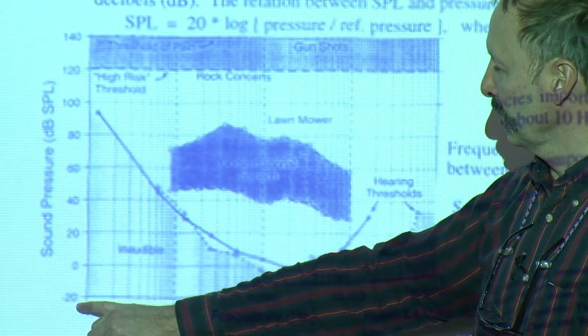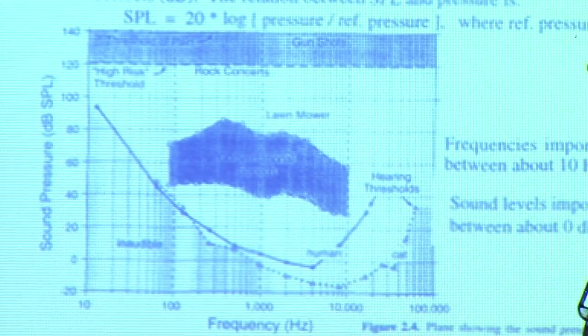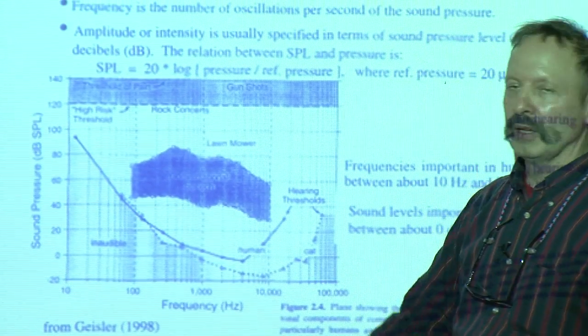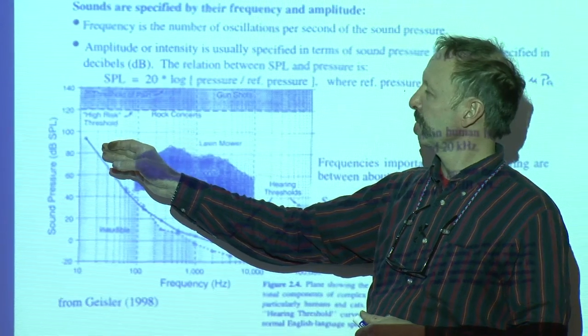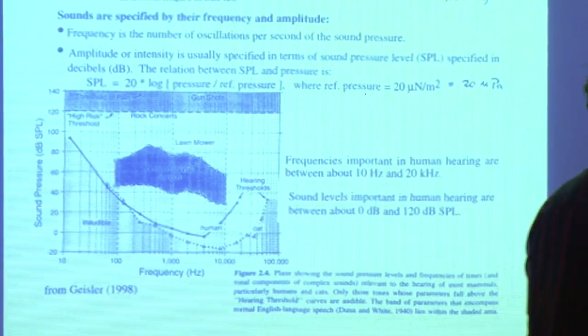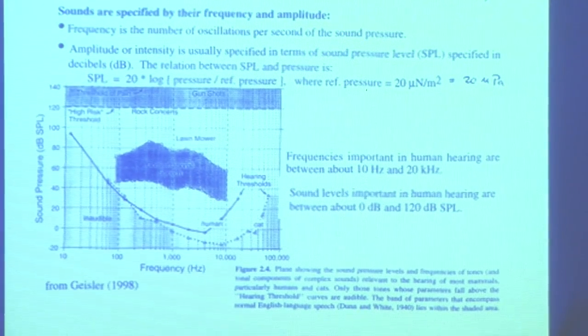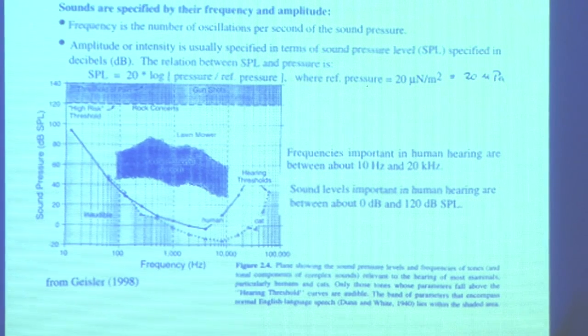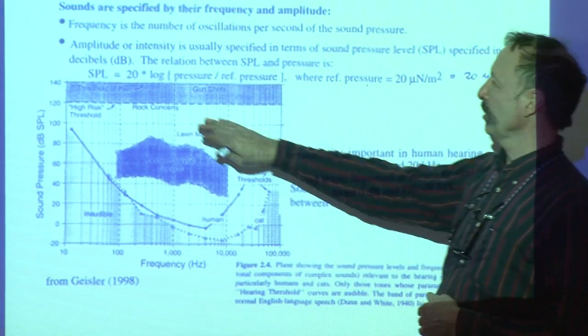Okay, and this scale goes from -20 to 140, and the units are dB SPL, and that stands for decibels sound pressure level. And whenever you hear level in a formula, you should perk up your ears and say, ah, that means there's a logarithm in the formula.